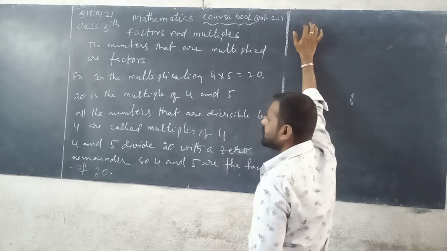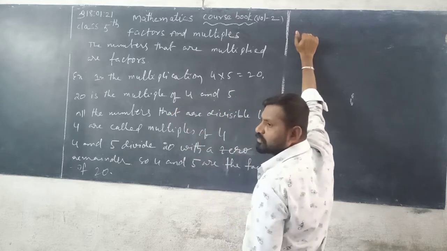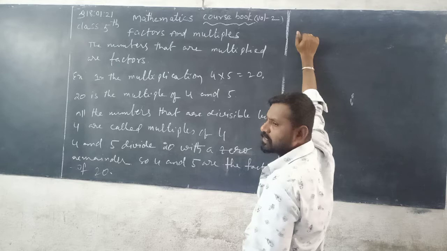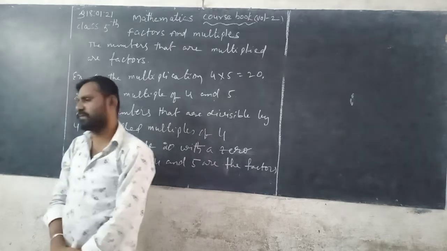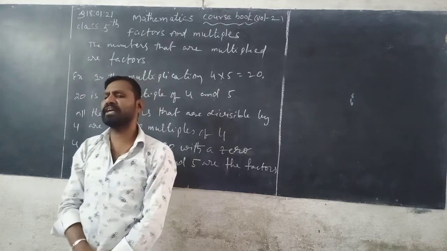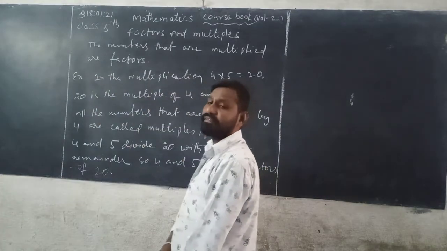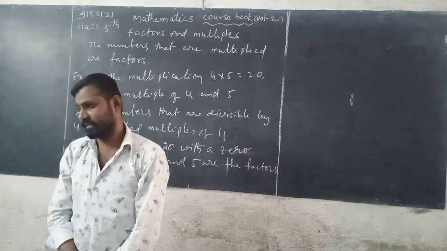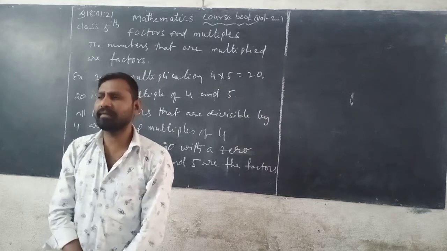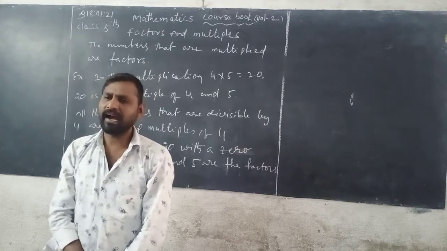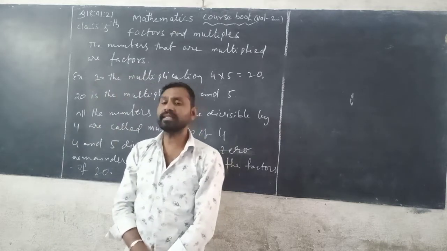All the numbers that are divisible by 4 are called multiples of 4. 4 1s are 4, 4 2s are 8. 8 is divisible by 4. 4 and 5 divide 20, means 20 divided by 4 and also 20 divided by 5. 4 5s are 20 and also 5 4s are 20, with remainder 0.